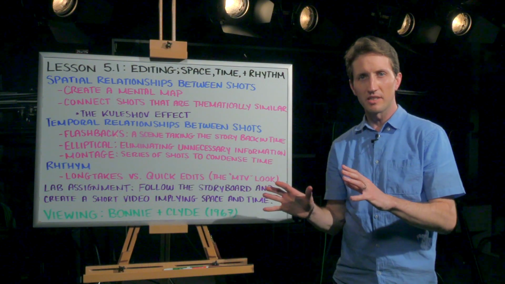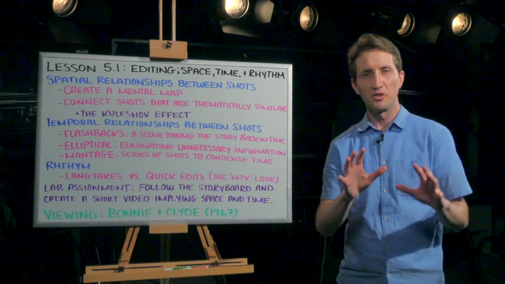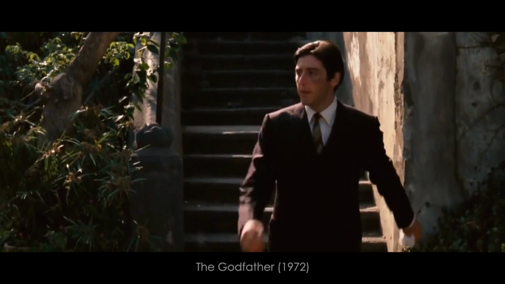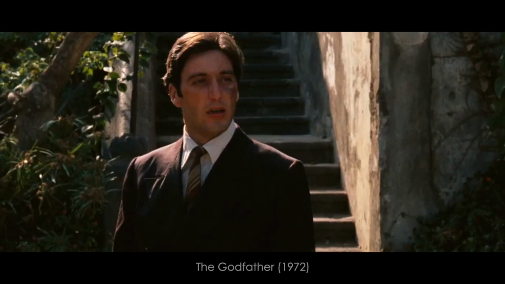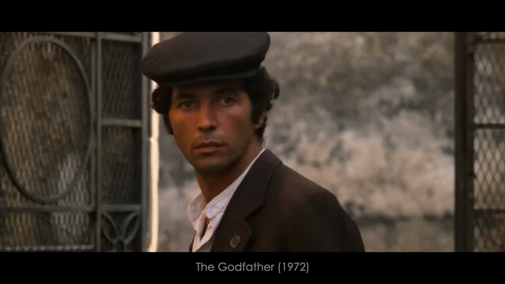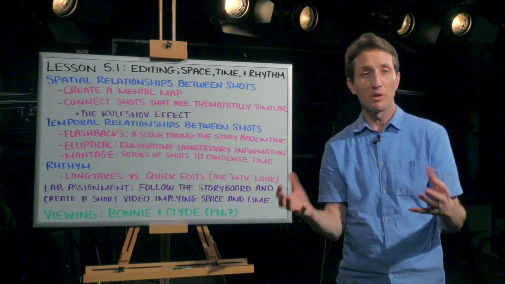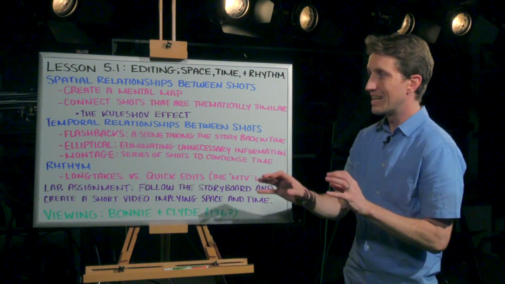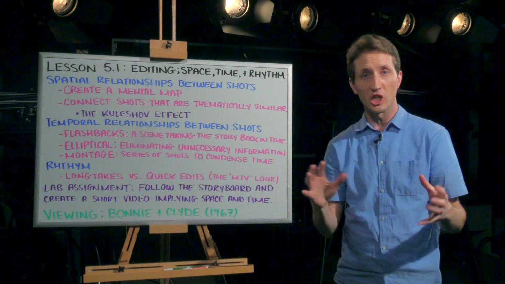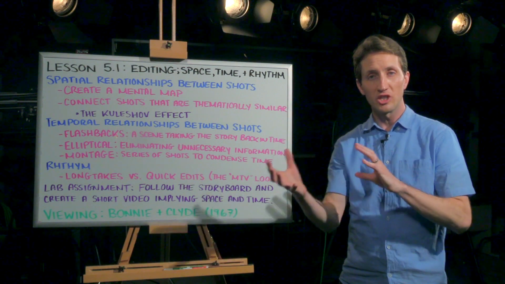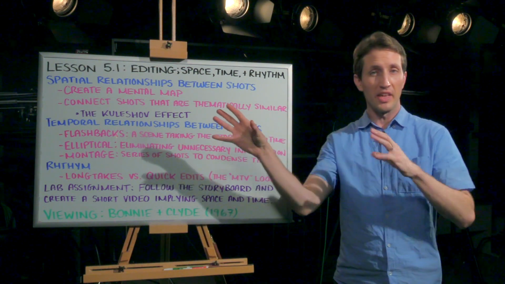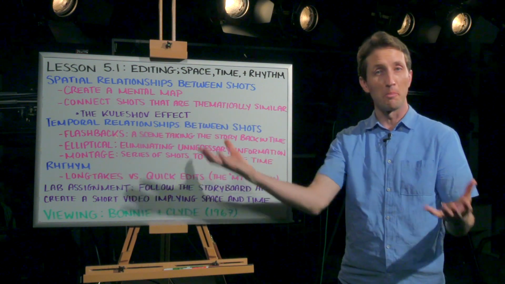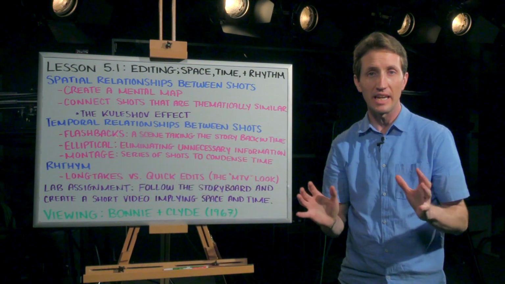And the audience is smart enough to figure out that shot 1, shot 2, and shot 3 all occupy the same environment. There's enough continuity, and we're going to talk about continuity later, to sort of help the audience understand that these shots occupy the same space. They help us create a mental map of the setting, okay?